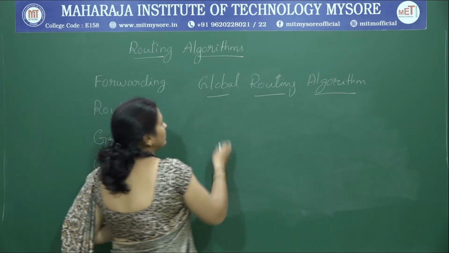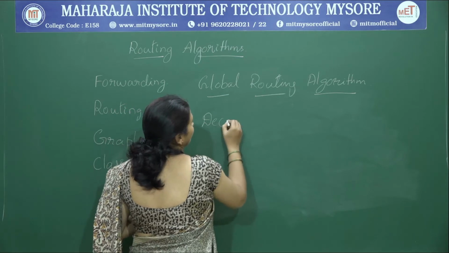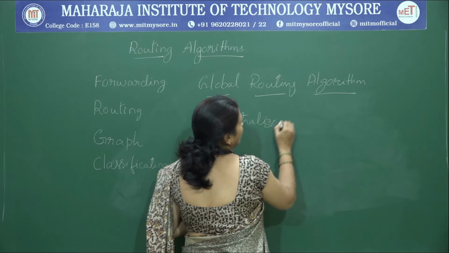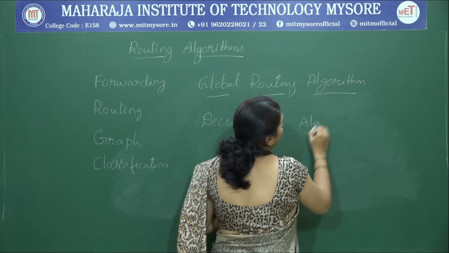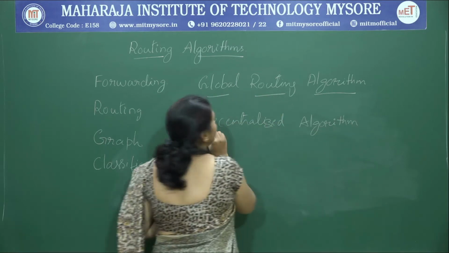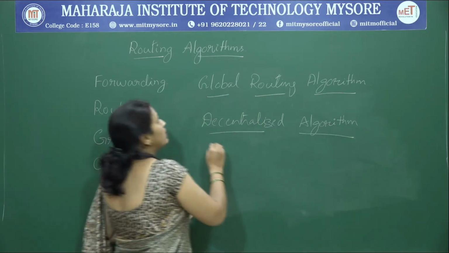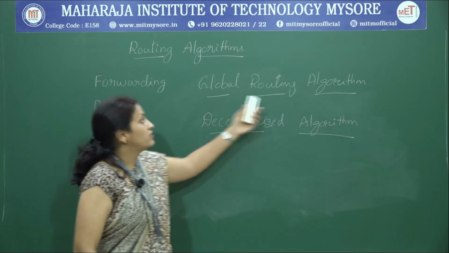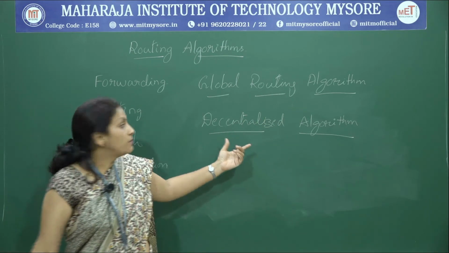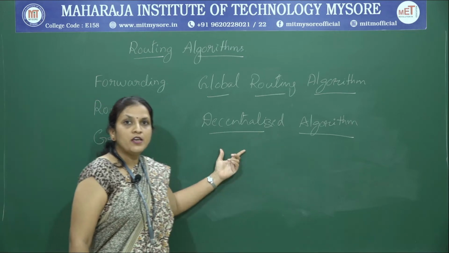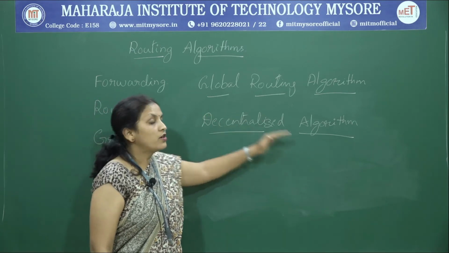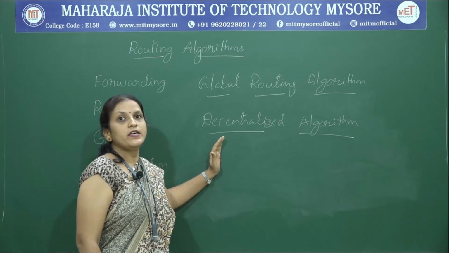The next is decentralized. Under the first criteria, one is global routing algorithm, and then we have the decentralized algorithm. What do we mean by decentralized algorithm? Here we need not have complete information about the network topology at the beginning itself.